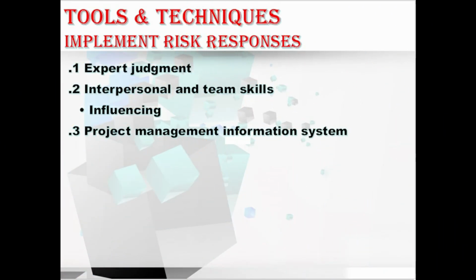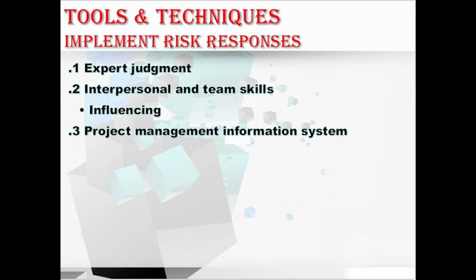In the tools and techniques, first we have expert judgment. As I said, expertise should be considered from individuals or groups with specialized knowledge to validate or modify the risk responses if necessary, and to decide how to implement them in the most efficient and effective manner. This is about expert judgment.